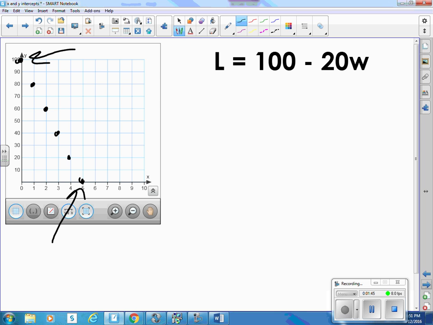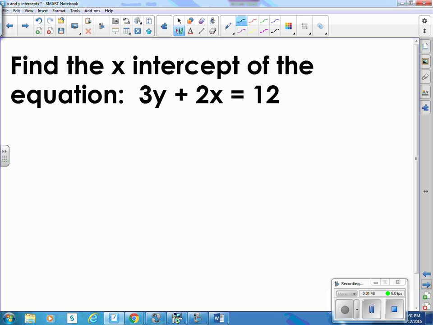So let's just solve general equations. If it's written in a form that it's hard to see what the intercept is, we just manipulate it so we can see it. One thing you may notice about intercepts is that on the y-axis, x is 0.